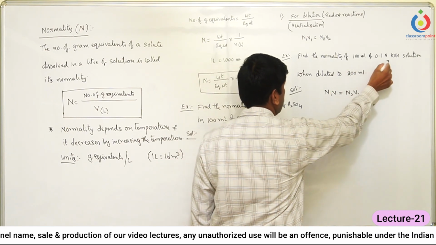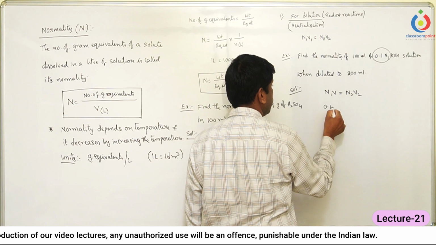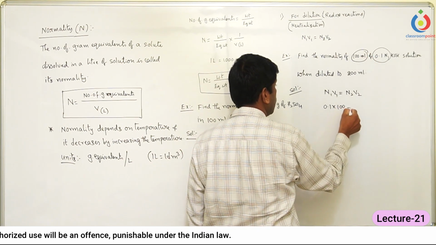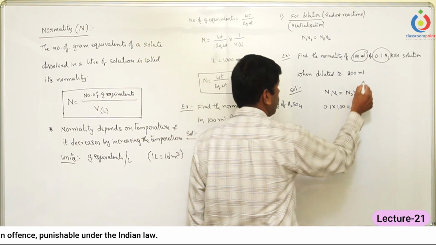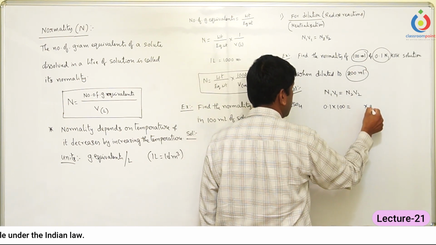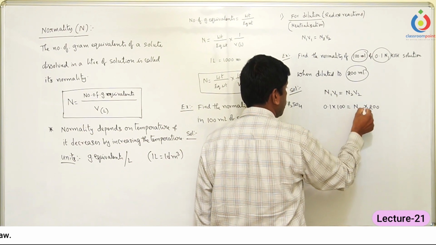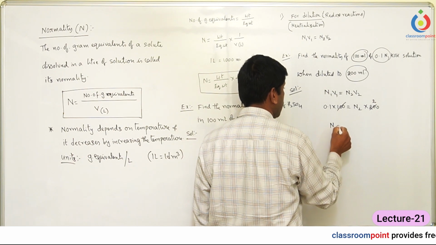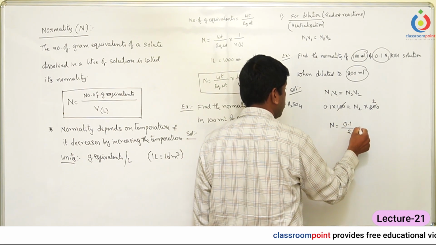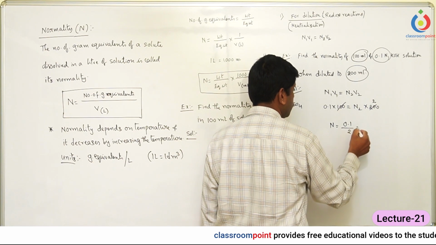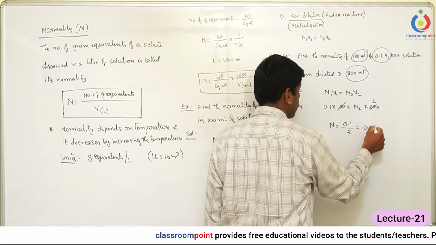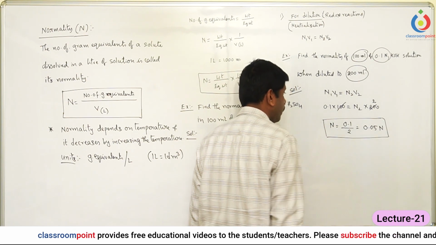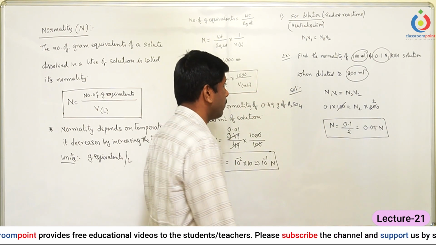The initial normality of the solution is 0.1 and the initial volume is 100 ml, and the final volume is 200 ml. The volume doubles, so N2 equals 0.1 by 2, which is 0.05 N, the normality of the final solution.